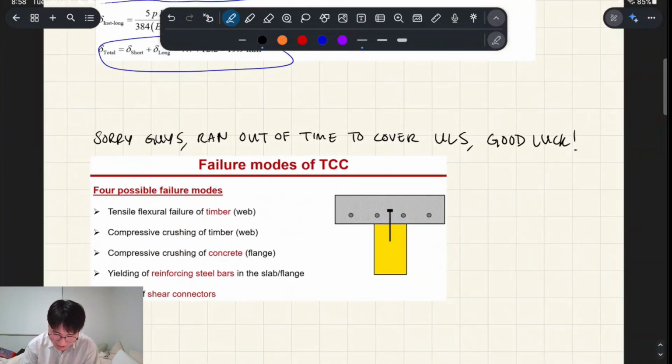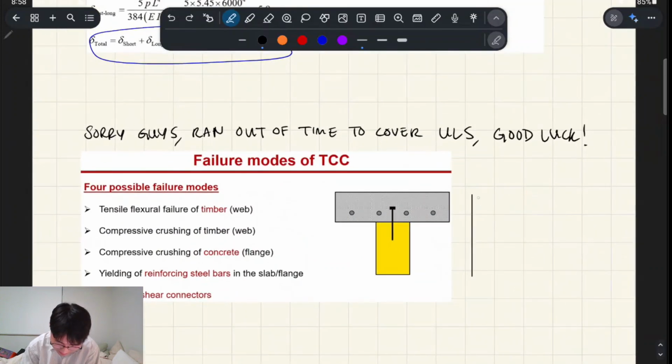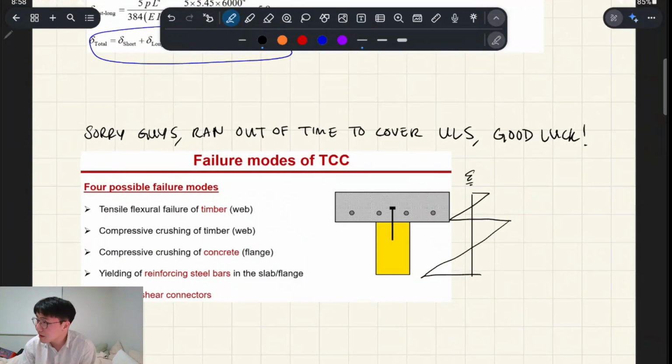But I know it's very similar to AS3600 concrete, I believe. I say this purely speculatively from what I saw in the lecture slides, but there's going to be basically push and pull. You got your moments and stuff like that, and I don't know what you do with those moments.